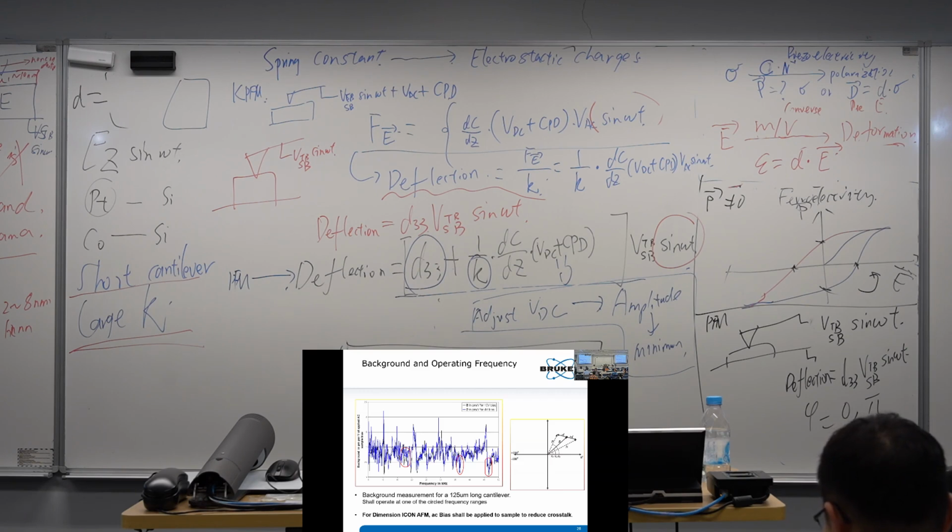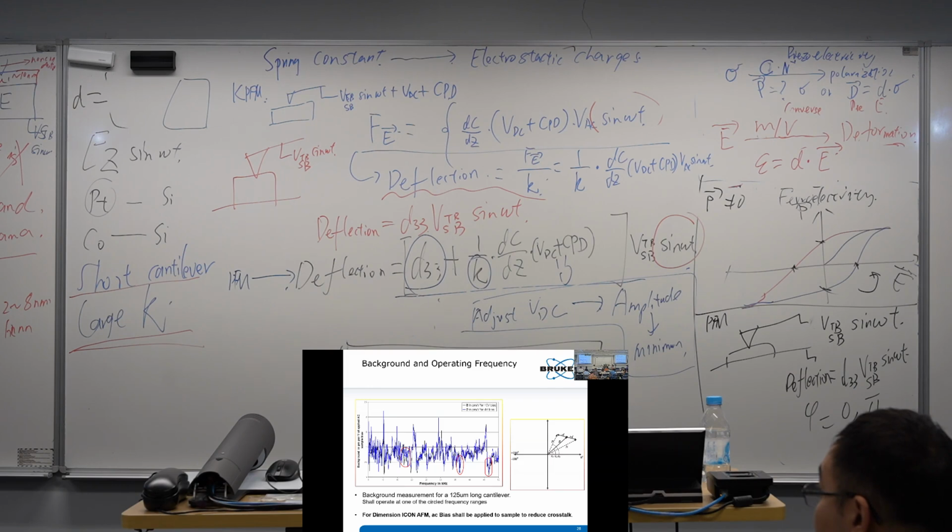In our AFM, especially in your Dimension Icon, we have studied the frequency response very well. For myself, I prefer this one, which is 19 kilohertz. And some of my colleagues, like Dr. Wan Xin, prefer this one, about 47. It's also okay. It's just some weird numbers. So if you're using the Icon in MCPF, you can use 19 or 14.7.